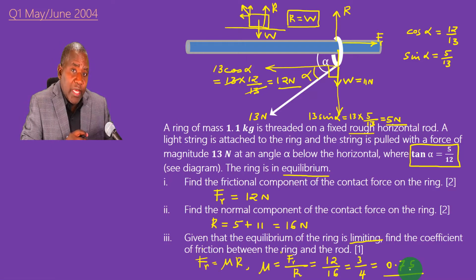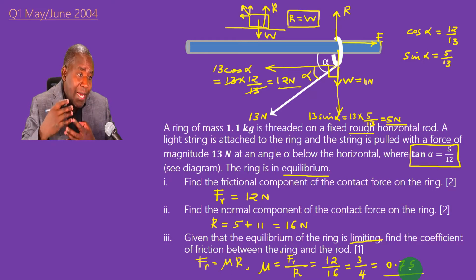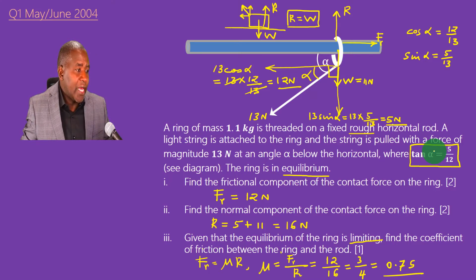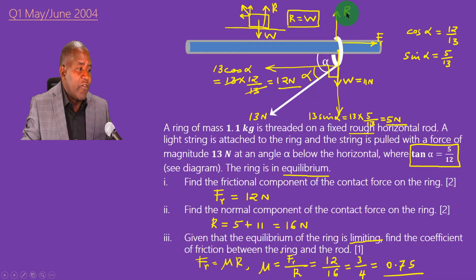Again, what is the takeaway from this question? Remember, I have to repeat this information over and over again for you to be able to understand some important concepts in mechanics. One is the way the angle can be given. If it is given like this, then we know what to do. The other one is the idea of the normal component of the contact force.